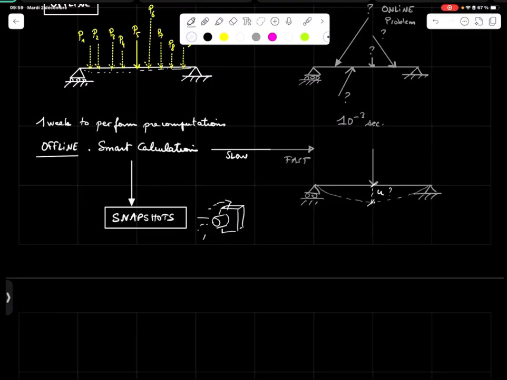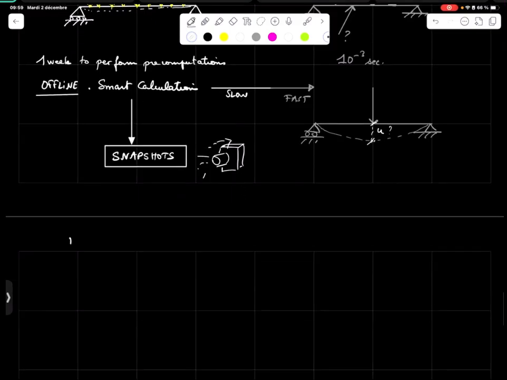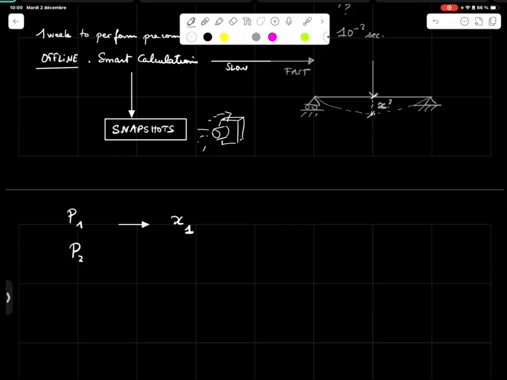Okay, so I'm going to take one load. P1 is going to give me one deformation, and I call this one U. Actually, I will call it X because I call it X in the notes. So it's maybe better to at least have one notation. So that guy here is going to be X, and that's the one online. So this P1 is going to lead to X1. This P2 is leading to X2, right?